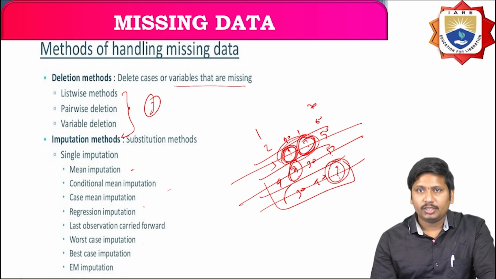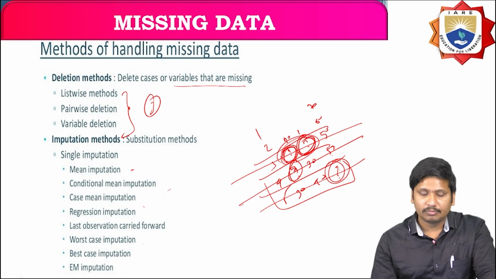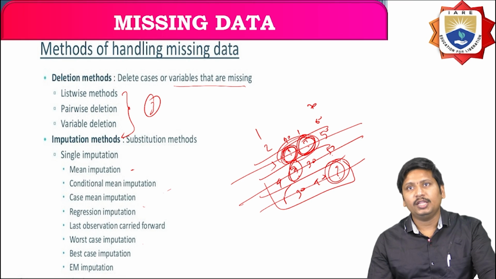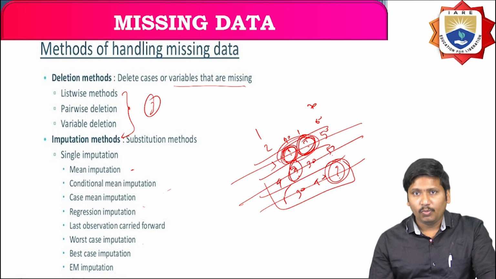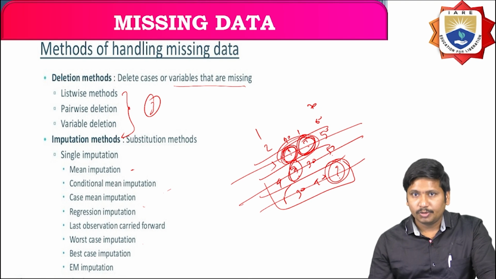And then imputation methods are nothing but the substitution methods. In that, simple imputation means I can simply fill the missing value with a single value, right? For that, how are you going to fill it? Mean imputation is one of them, and conditional mean and case mean. Like this, I can fill in the mean values and all. And then some other imputations will be regression imputation, worst case, best case, average, like this.